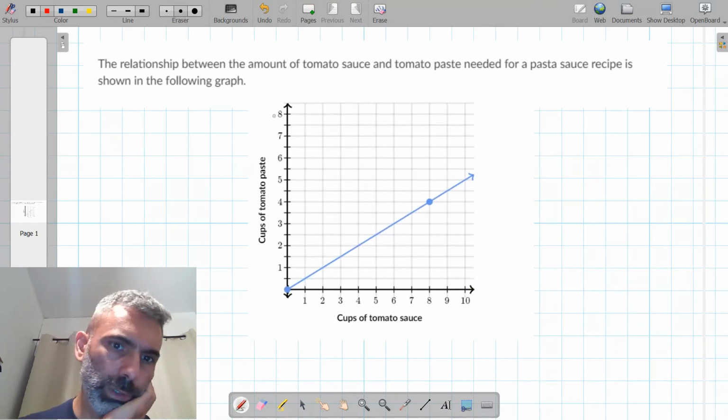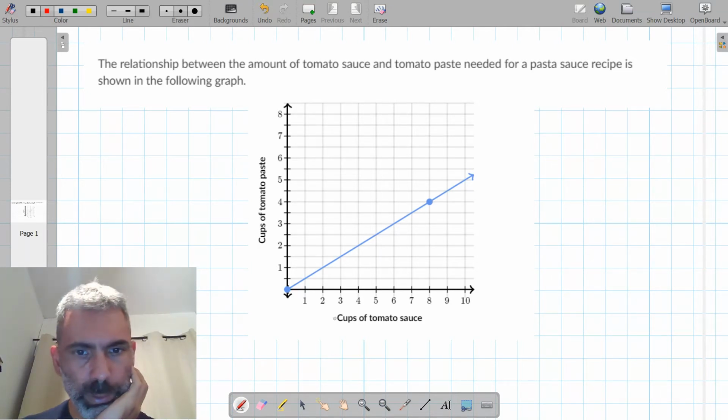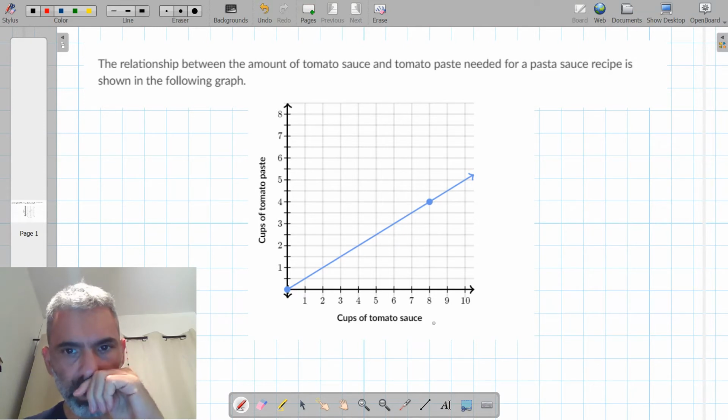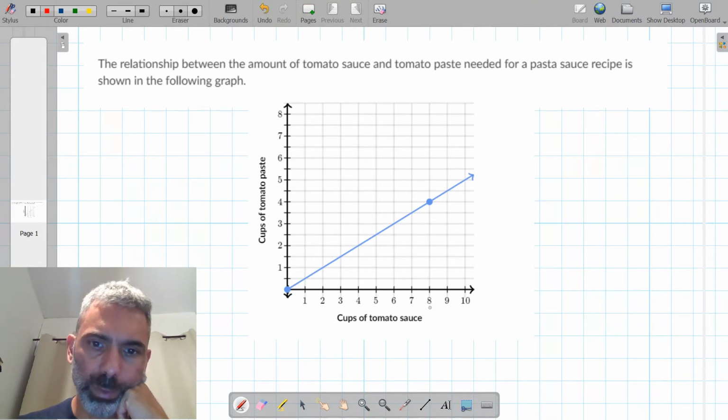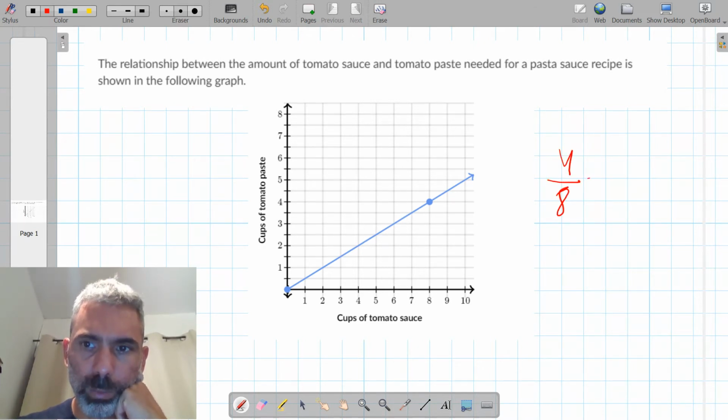Okay, so we see here on the y-axis we have cups of tomato paste, and on the x-axis cups of tomato sauce. And this point here shows that we need 4 cups of tomato paste for every 8 cups of tomato sauce. So the relationship is 4 divided by 8, which is 1/2.